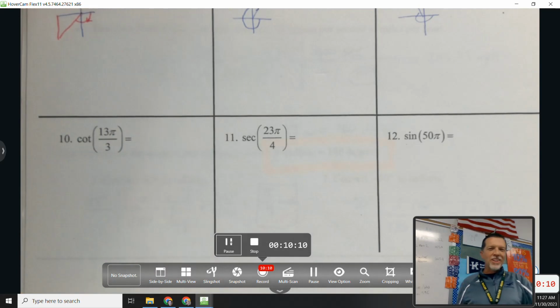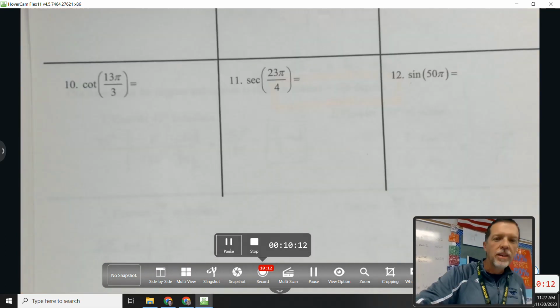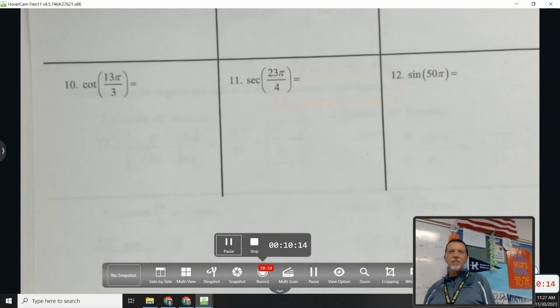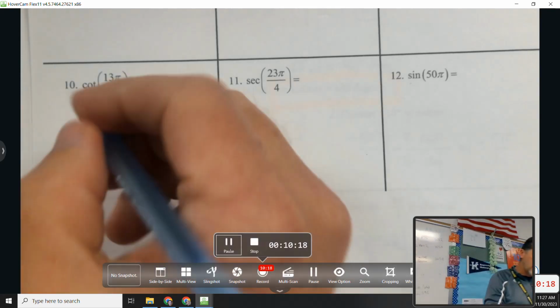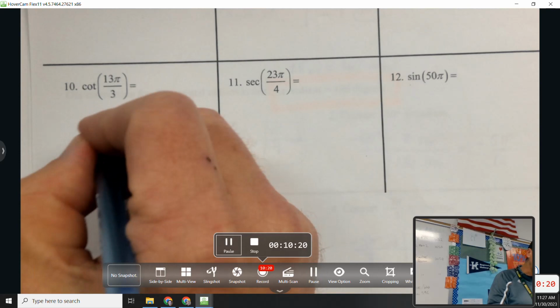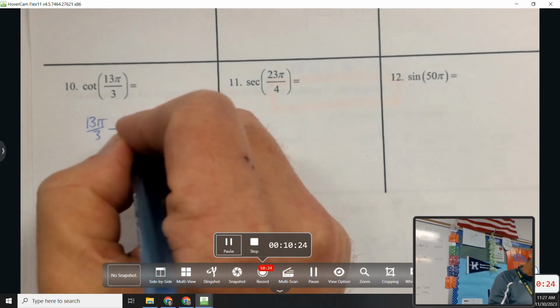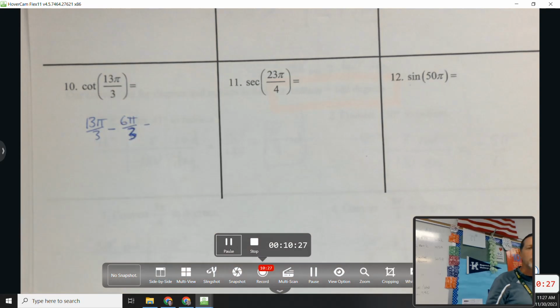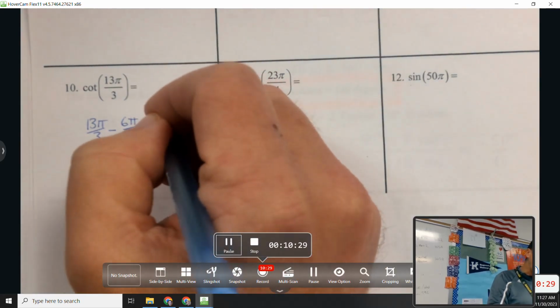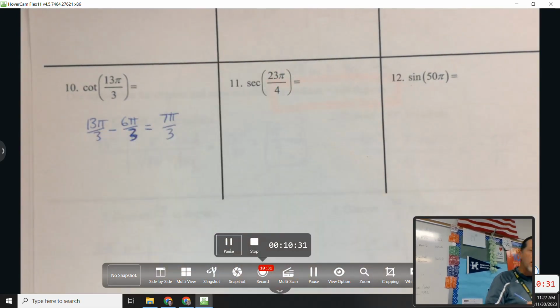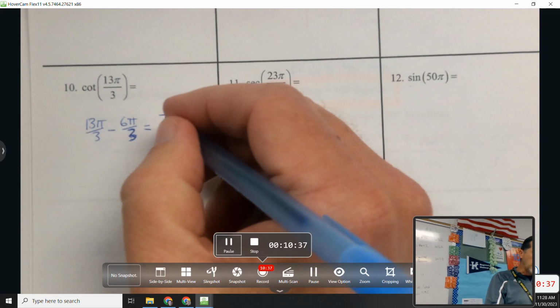Do the last 3. How do you handle 13 pi over 3? You can minus 2 pi to back up. So I don't know where 13 pi over 3 is, but if I back up 2 pi, that would put me at 7 pi over 3. Some people might know where that is, and they would just stop there and know what quadrant that lands in. Other people are like, wait a minute, that's bigger than 2 pi.